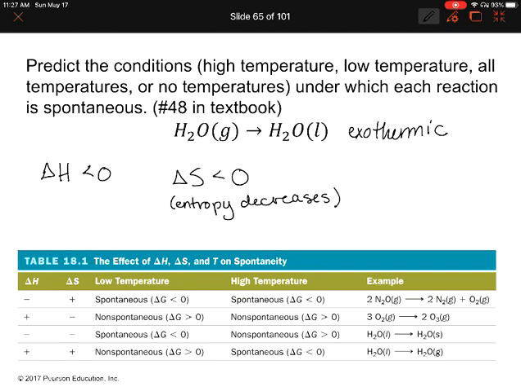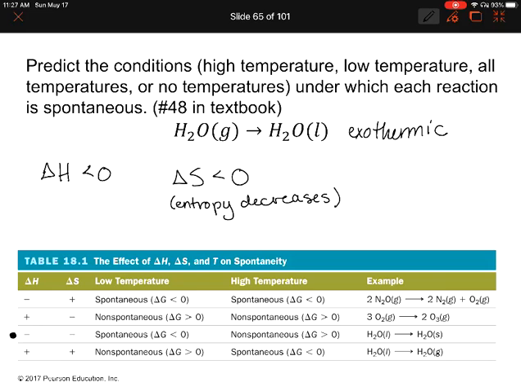Okay, so that means that we have a negative and a negative. So that refers to row 3. Okay, so delta H is negative, delta S is negative. So that means that delta G will be negative or spontaneous at low temperatures.